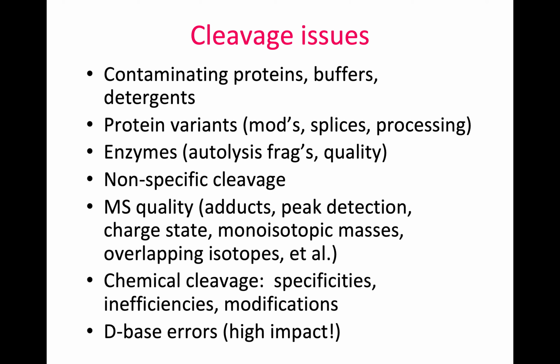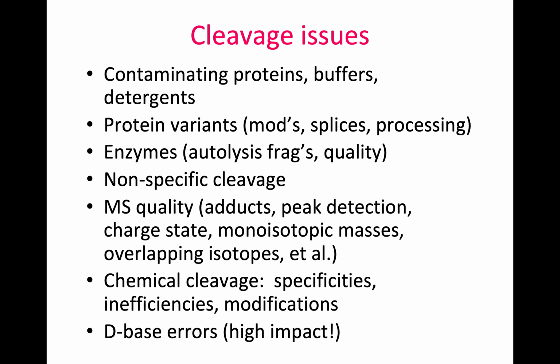Apart from that, sometimes because of protein variants, and remember, proteins have some PTM due to post-translational modification. The modifications, the splicing, and the processing can sometimes result in variants, hence they may not cut efficiently. Apart from that, the types of enzymes being used, shown in the previous slide, could sometimes cause autolysis of the fragments or jeopardize the quality. Non-specific cleavage is also common.